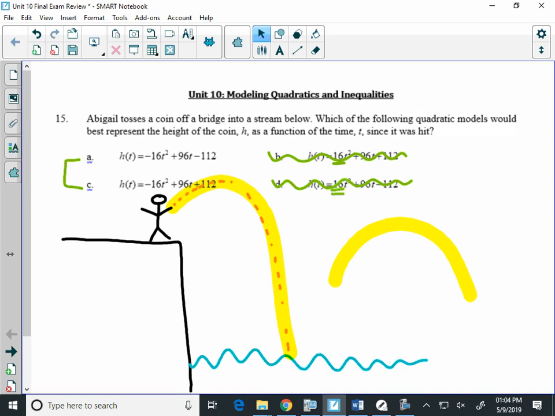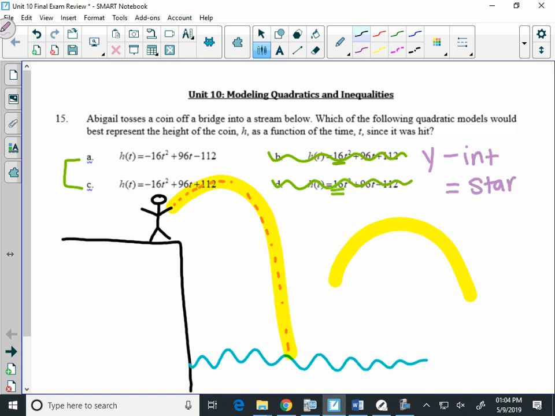Now we have to think about where the coin is starting, okay? The coin is starting really high above the ground, starting really high above the water, okay? And the part of our graph that always represents our starting point is the y-intercept, okay? So the y-intercept always equals where you start from, your starting point.